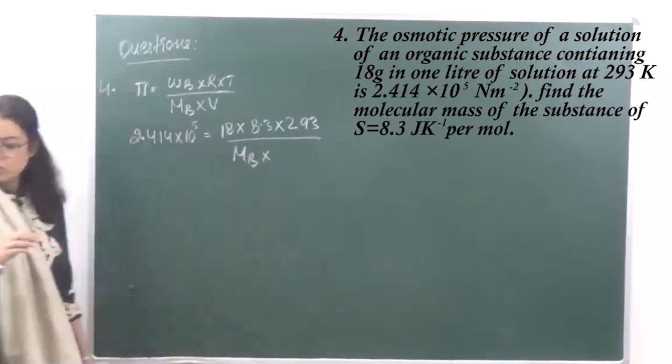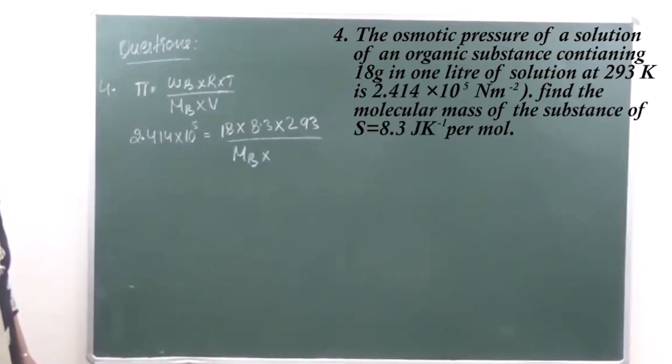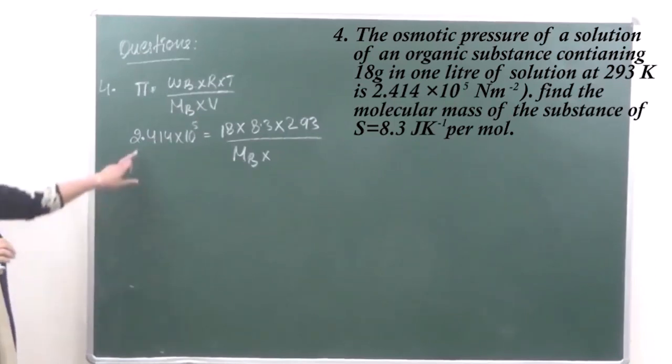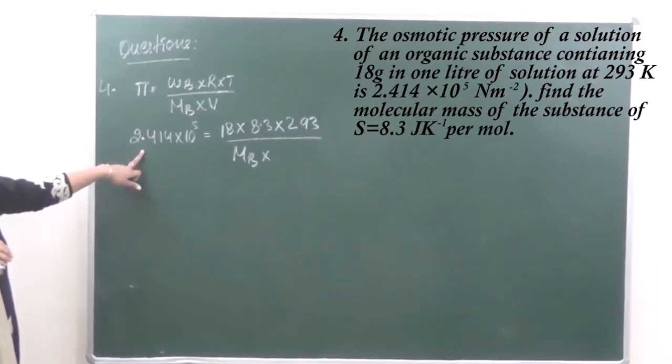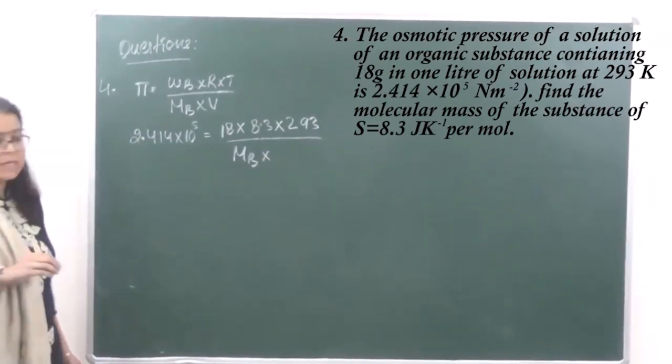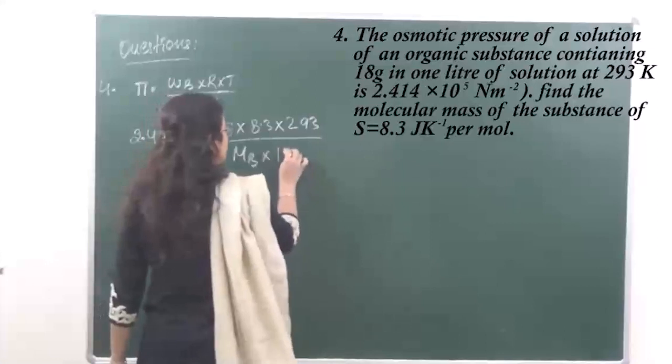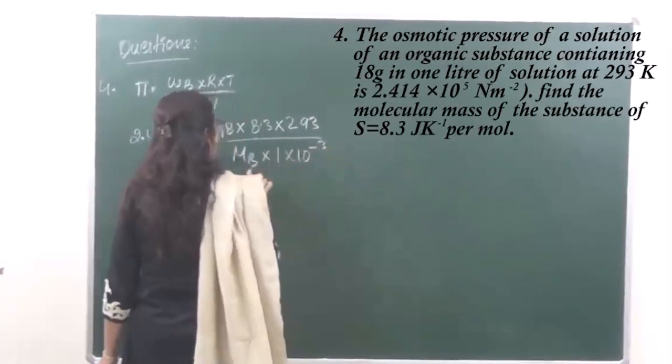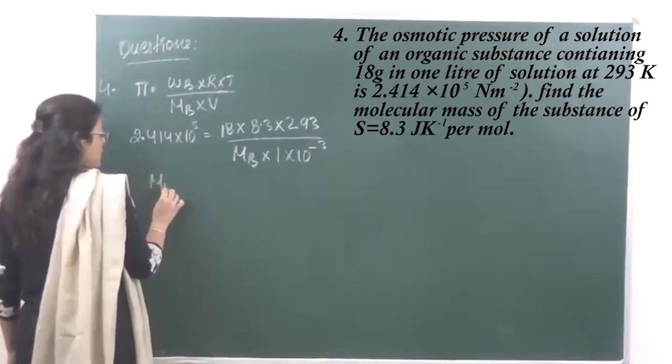And volume of the solution given to us is 1 liter. So here you have to convert 1 liter into meter cube because the pressure is given to us in meters. So into meter cube, that will be 1 into 10 raised to power minus 3. So let's take MB over here.